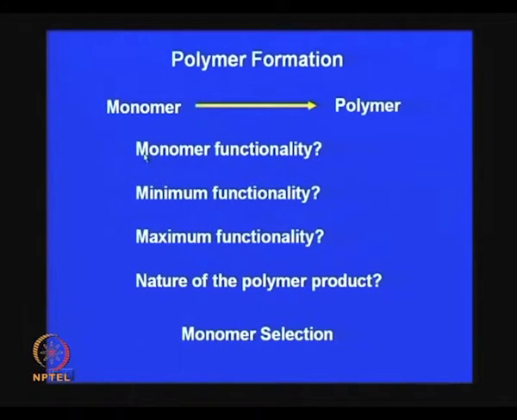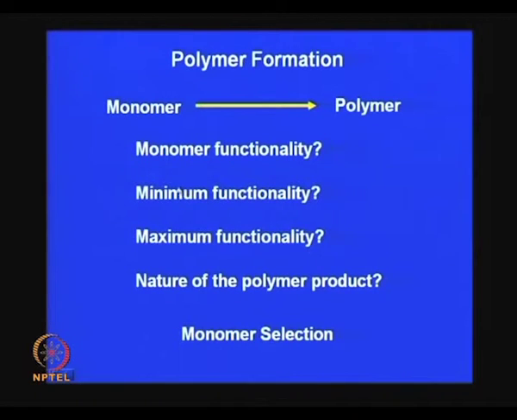The first and foremost requirement is the functionality, meaning the number of reactive functional groups or sites available in the monomer. Then only we can convert it to a polymer of large molecular weight, large molecular size.